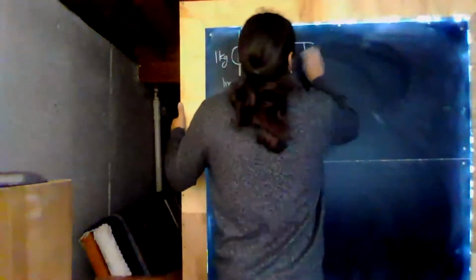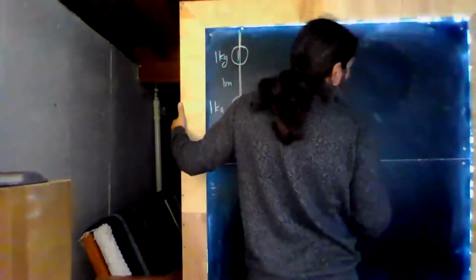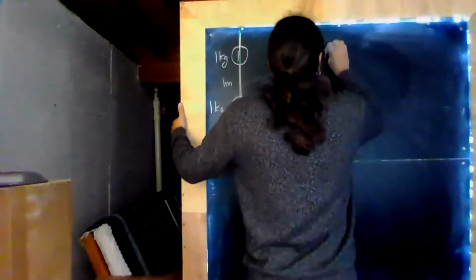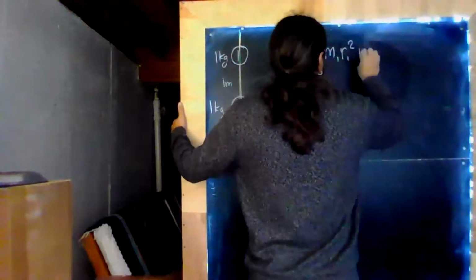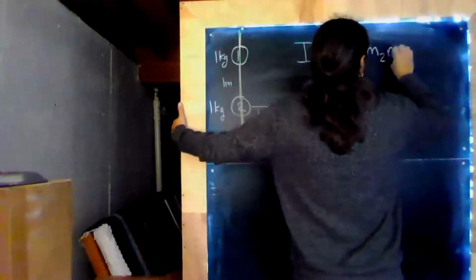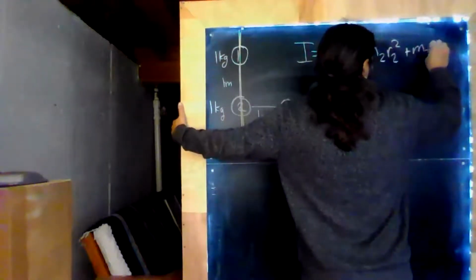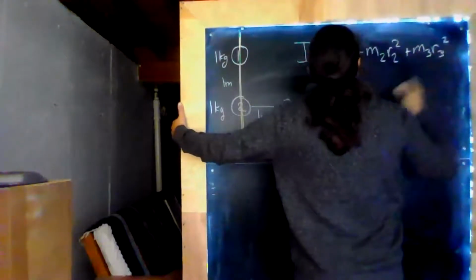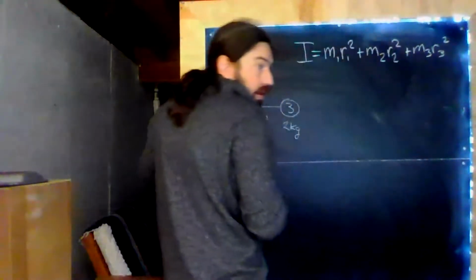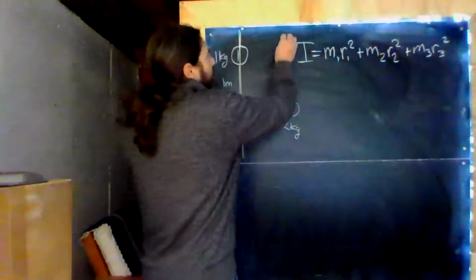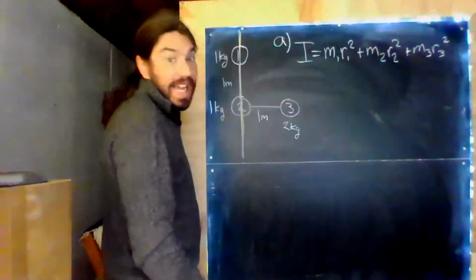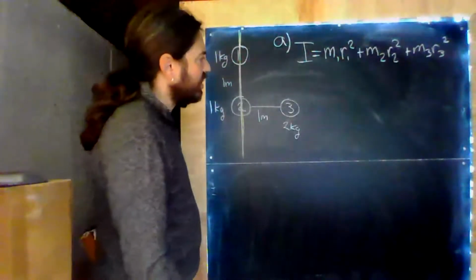I is equal to the sum of the M R squareds. In this case, we have 3, so it's M1 R1 squared plus M2 R2 squared plus M3 R3 squared. We're working on part A. Let's just plug in our numbers.